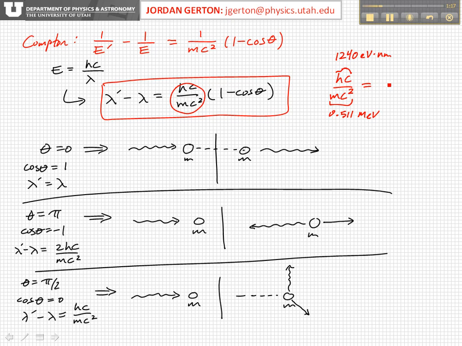So the whole thing here is equal to 0.00243 nanometers. Okay, that's an incredibly small number, right?